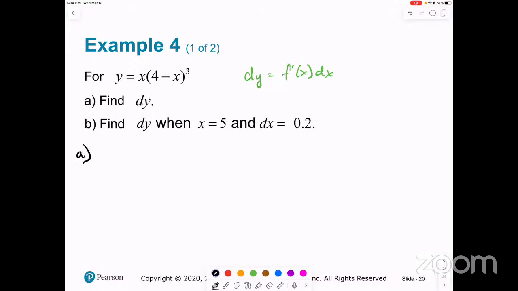I'm going to do this one a little bit differently than the way we've done it. When we start working with differentials, like isolating the dy, whenever I take the derivative of something with respect to x, I'm going to put dx next to it.